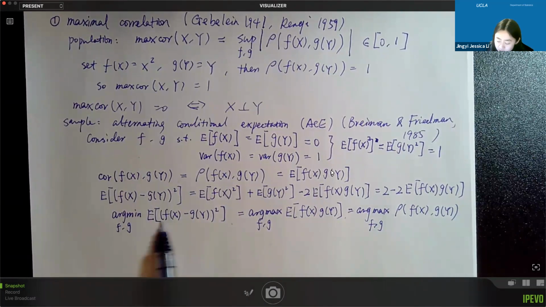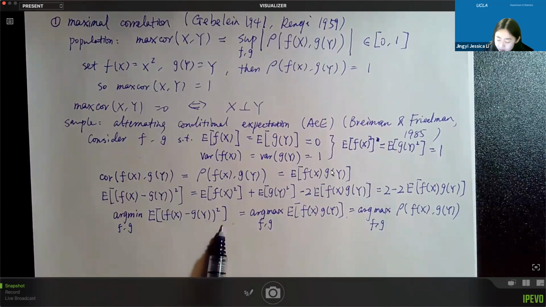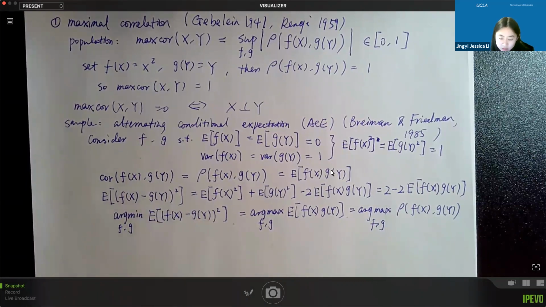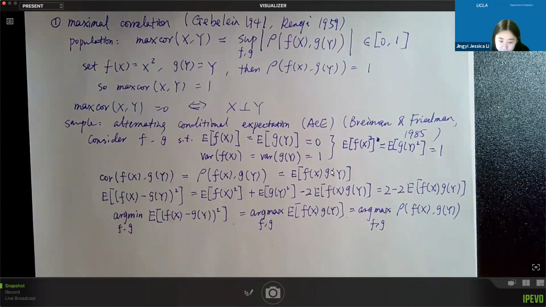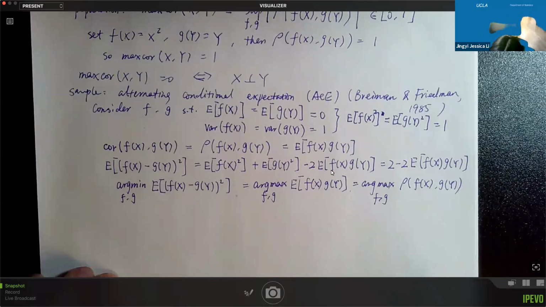And this is what we call squared loss, right? We take the difference and we square the difference. We want to find the minimizer of that. And this is why we have alternating conditional expectation. So the idea is this.